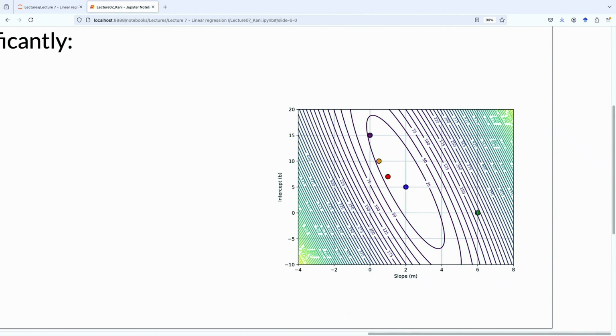We just want to find the values of M and B that minimize this loss. We want to find this minima, right? We want to find the point at which the gradient of the loss is equal to 0. Make sense?